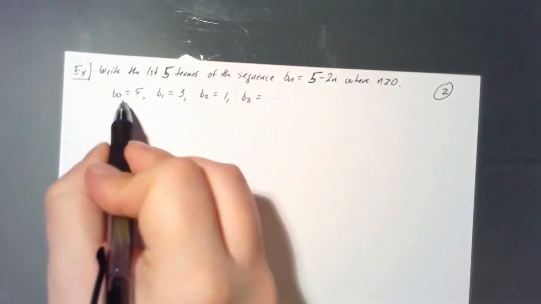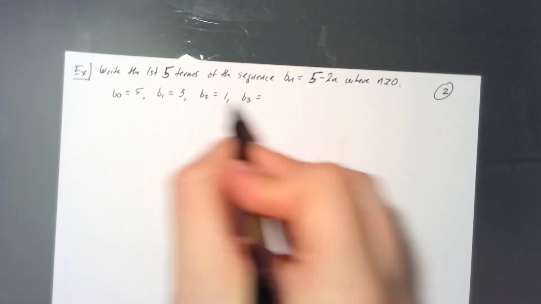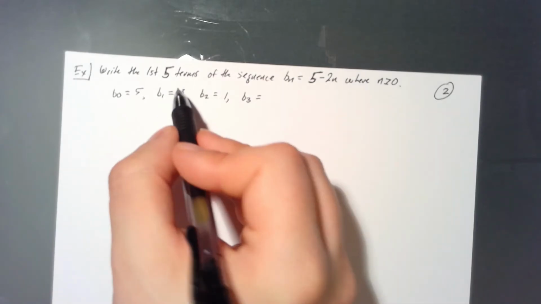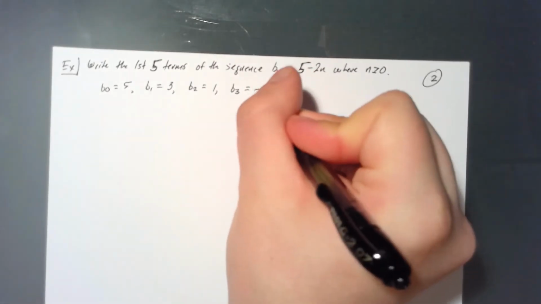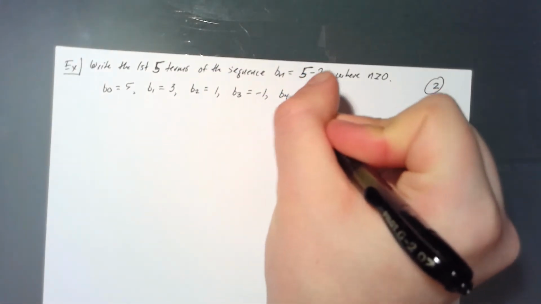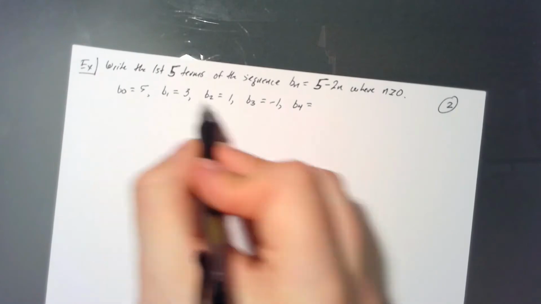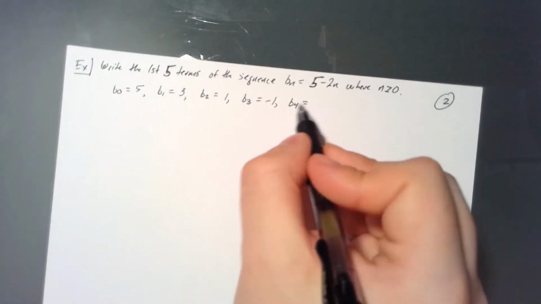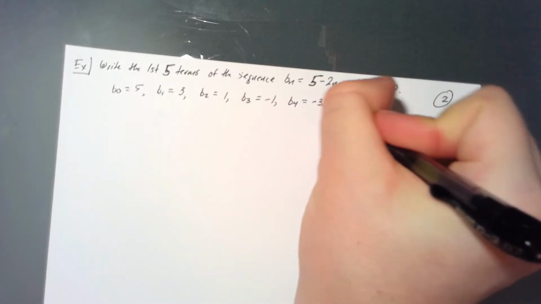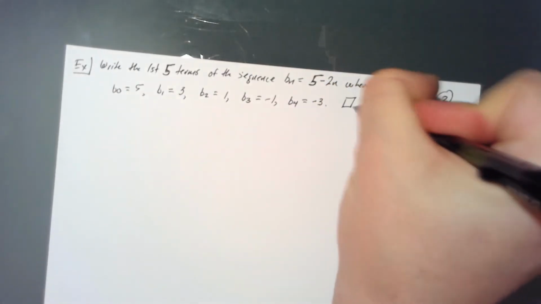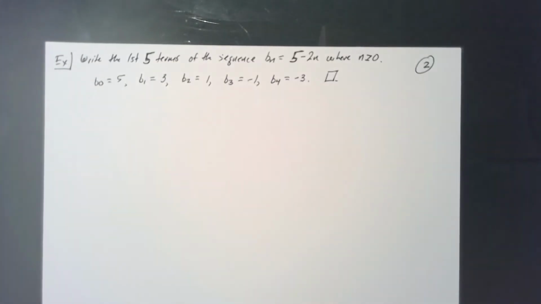B sub 3, this is the first term, second, third, fourth, because we want 5 terms. So when I plug in 3 here, I get 5 minus 6, which is negative 1. B sub 4, so 1, 2, 3, 4, 5. And then 5 minus 2 times 4, which is 5 minus 8, which is negative 3. And that's it. That's a pretty easy one.